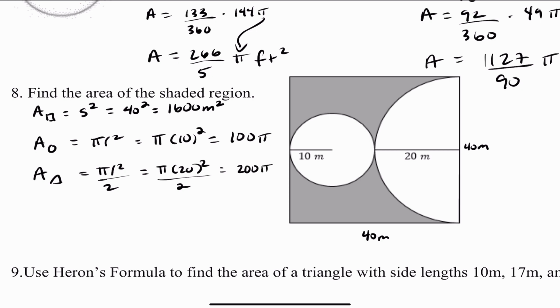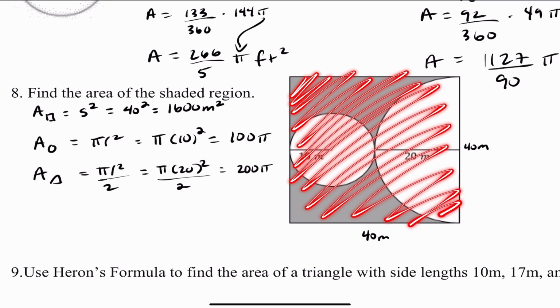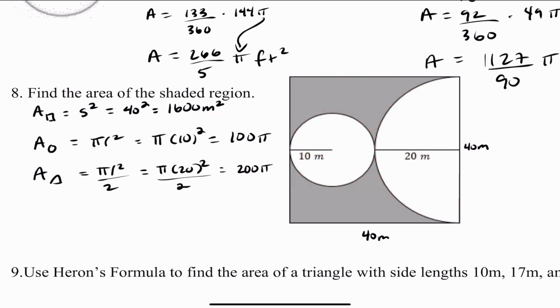All right. I like to do shaded minus unshaded. So assume that the square is fully shaded. The area is 1,600 meters squared. And once you erase part of that shading, you get this and this.